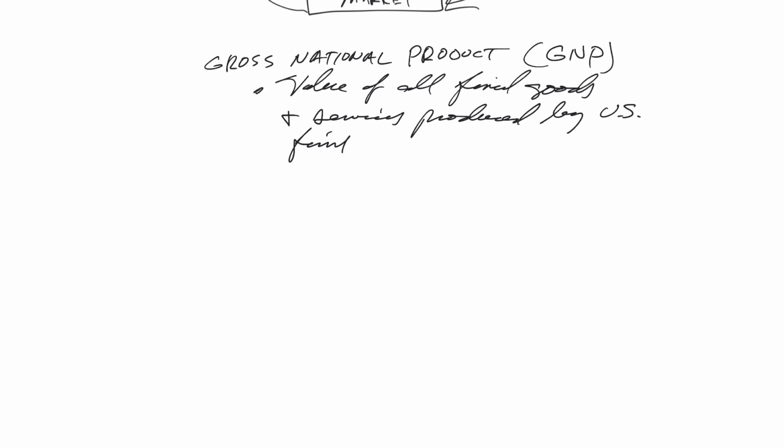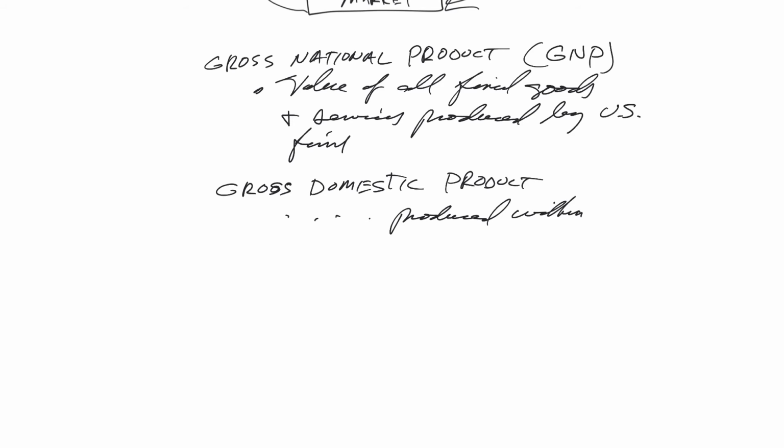But they decided that what was more relevant was gross domestic product. Gross domestic product is the value of all final goods and services, same as GNP, value of all final goods and services produced, here's the difference, within our borders.